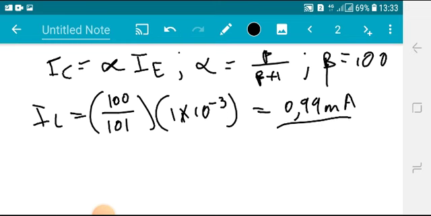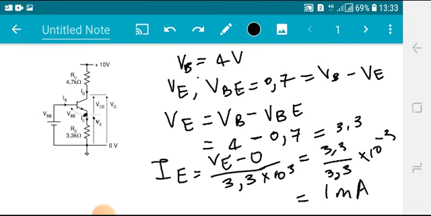Right, perfect. Now that I have IC, what's the voltage at this node? This is VC. That's what we want to find now. According to Ohm's law, 10 minus VC divided by this resistance should give you my IC going down.